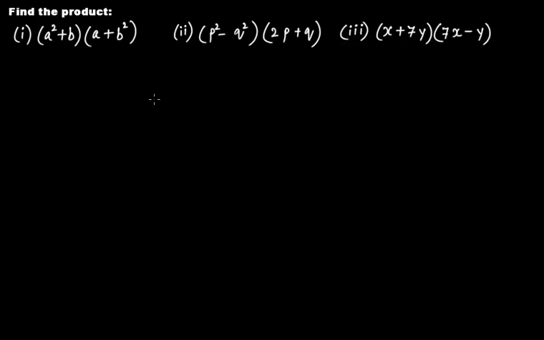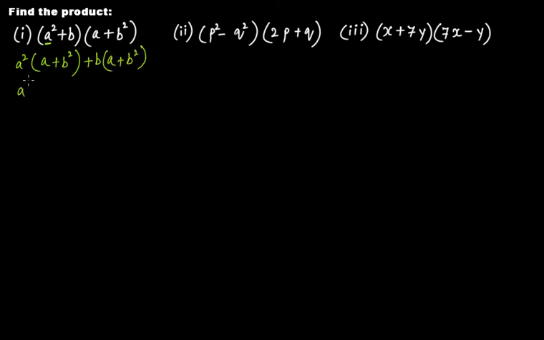Now find the product here. Now if you look at these two expressions, this is a squared plus b and a plus b squared. Okay, so let's start. Let's take this one. So a squared multiplied by a plus b squared, then this plus sign, this b multiplied by a plus b squared.